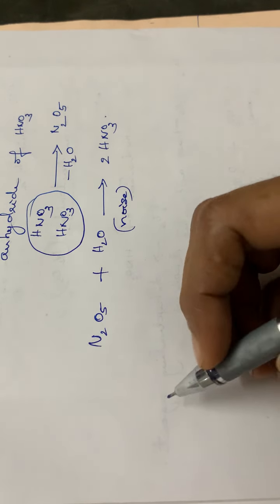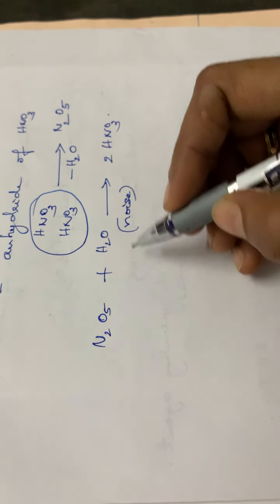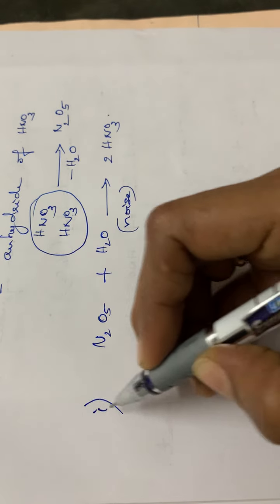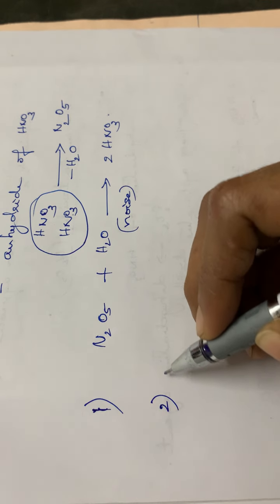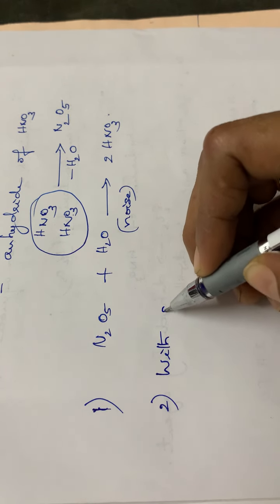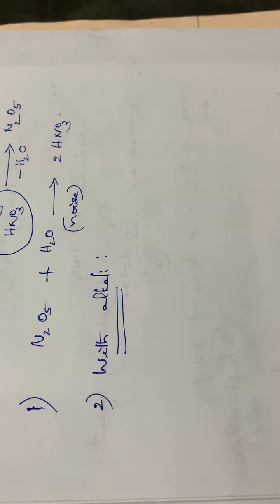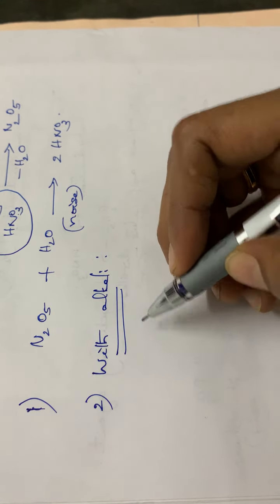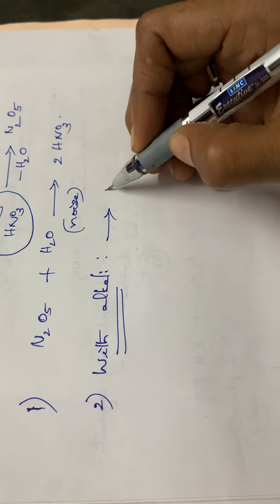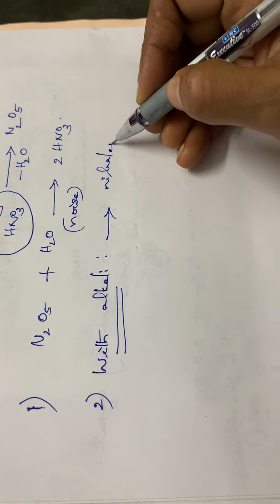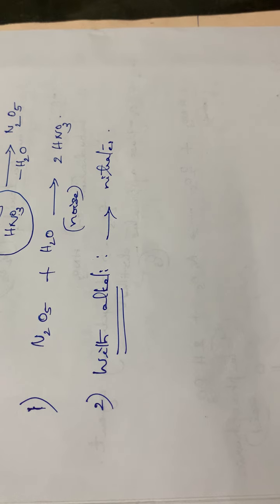So this is the first reaction. Then the second reaction, with alkalis, that means reaction with sodium hydroxide. Normally with alkalis it will give nitrates. N2O5 is converted to nitrates.